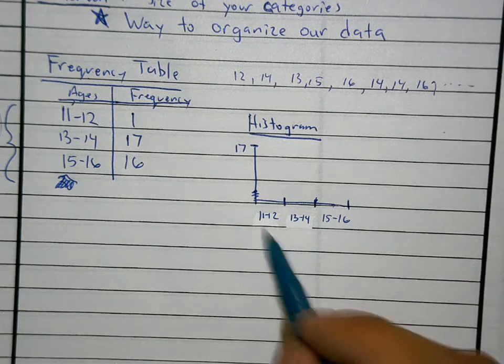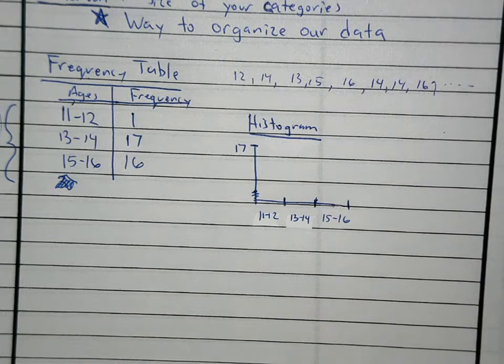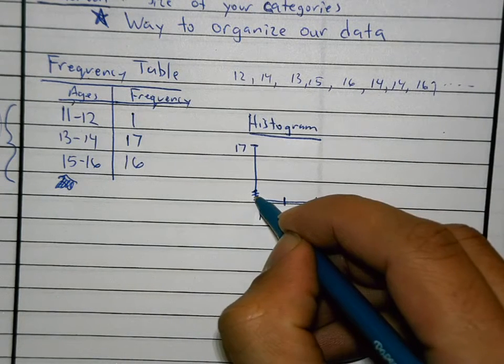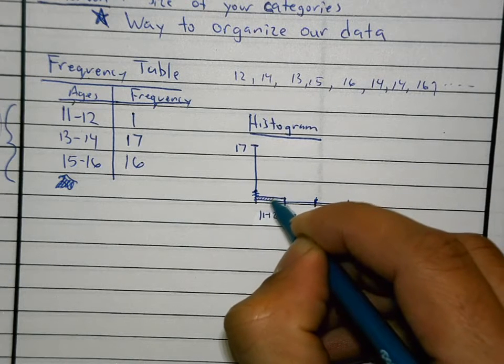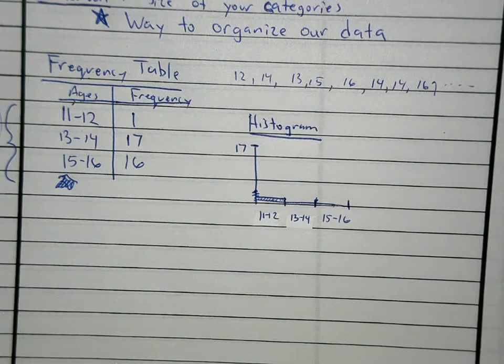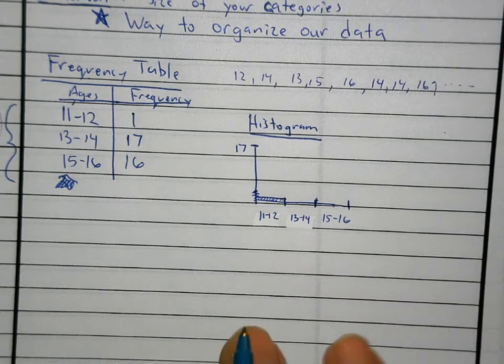Now, how many 11 or 12-year-olds do we have? So this is going to be a bar, and the bar is going to be our very thinnest bar at the bottom. If I want to, I could put a 1 there, or we can just estimate what it is because it doesn't have to be exact. How many 13 or 14-year-olds do we have?